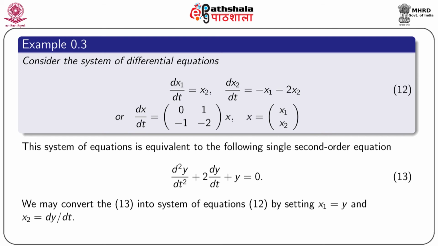This system of equations is also equivalent to a single second order equation of the form d2y/dt2 + 2 dy/dt + y = 0. All we have to do is eliminate x1 and x2 by setting x1 = y and x2 = dy/dt, and you will get this equation (13).